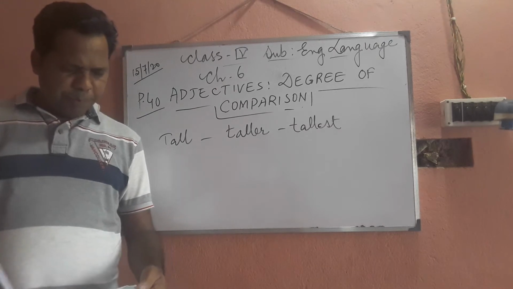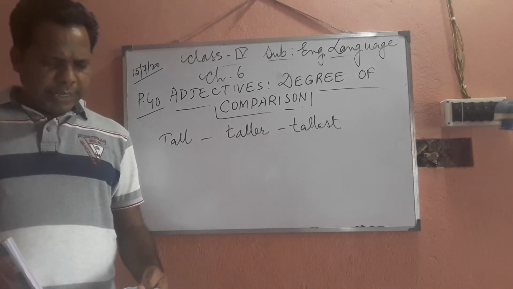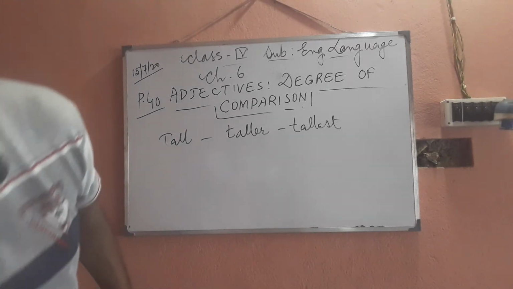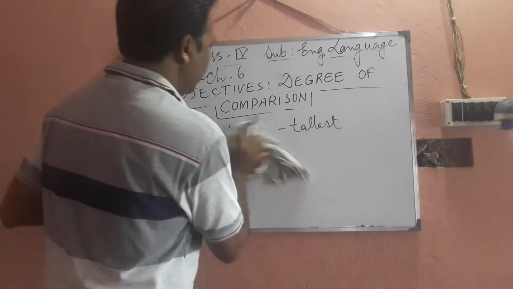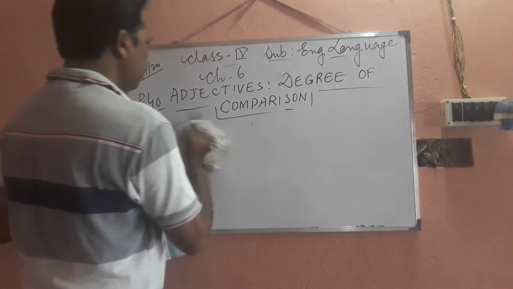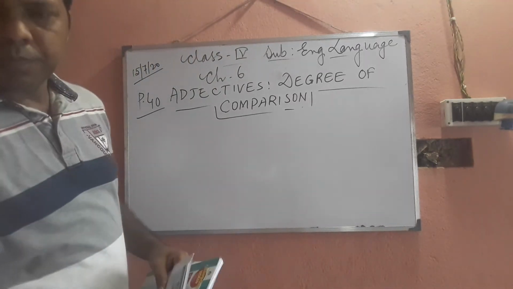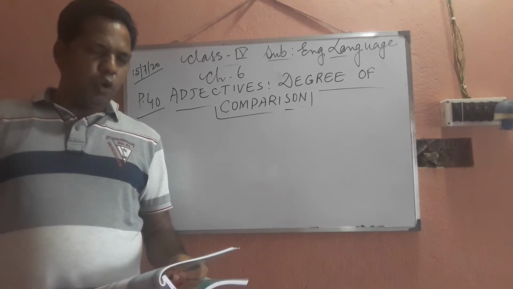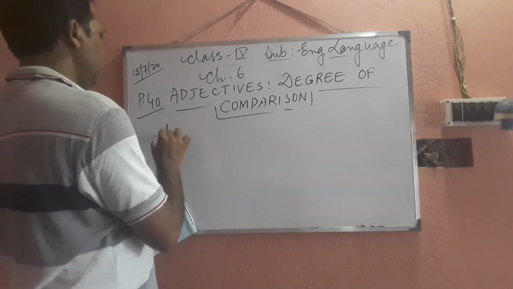Same page you see. Read these sentences now. Examples are given here. We have to read these sentences, and then we will try to understand. Okay. Now you see here, number 1 sentence: Mohit is tall.